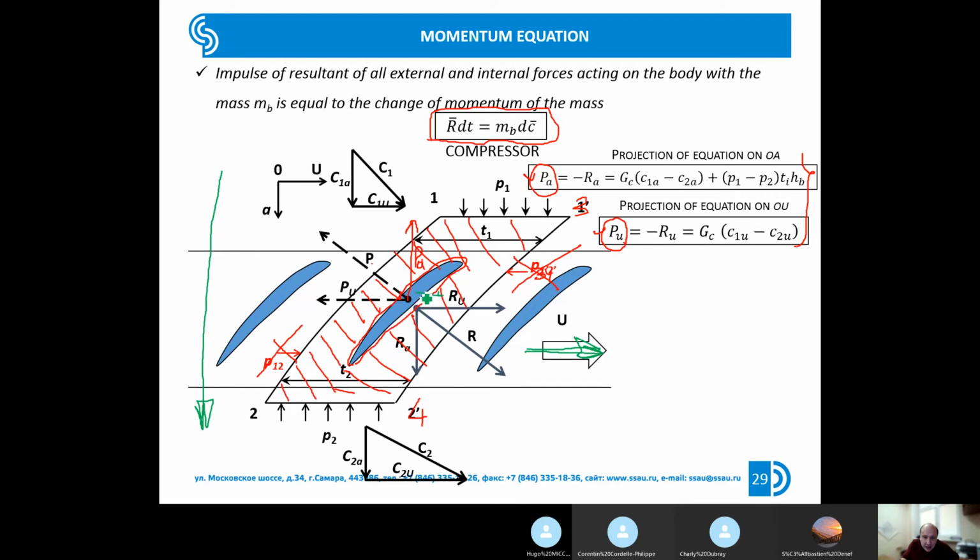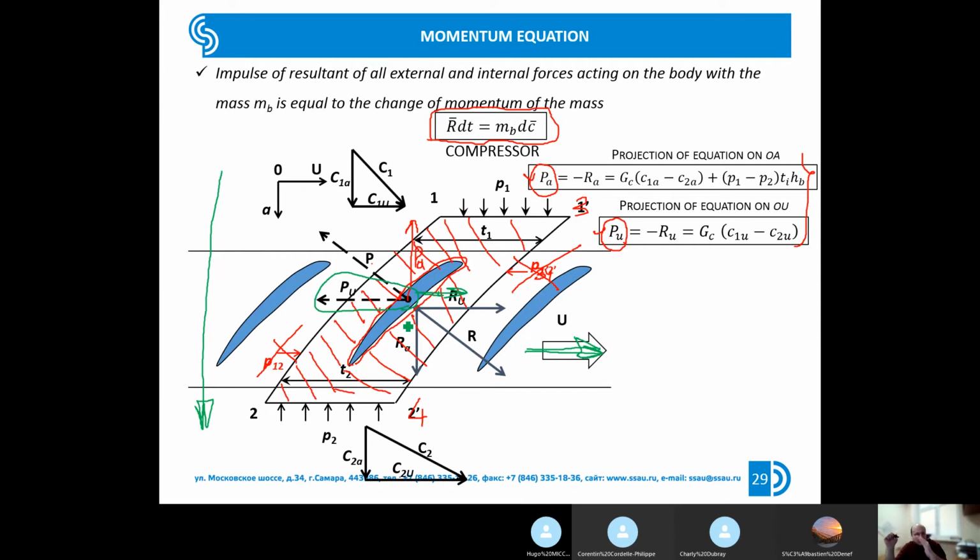First strange thing. The blades are moving to the right. But we have this force which acts on the blades, and this force is directed opposite to the direction of the movement. It's strange.